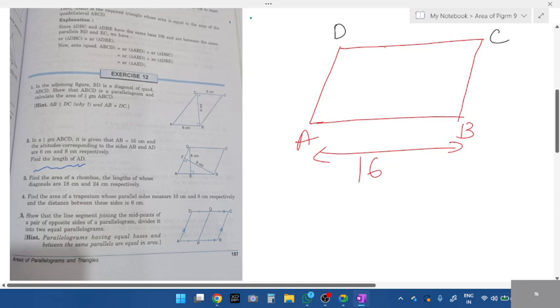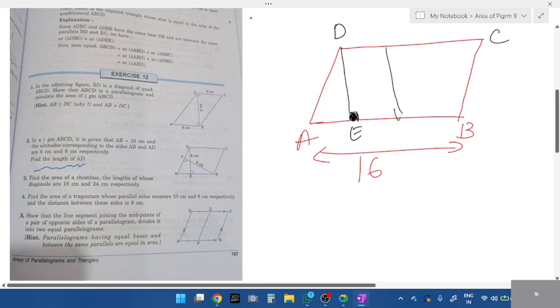Okay, if AB is 16, what is DC? 16. Next, the altitude corresponding to the side AB, which means which one is touching AB? Yes, DE. Altitude means height. Corresponding is the line which is touching. So what is the distance between AB and DC?